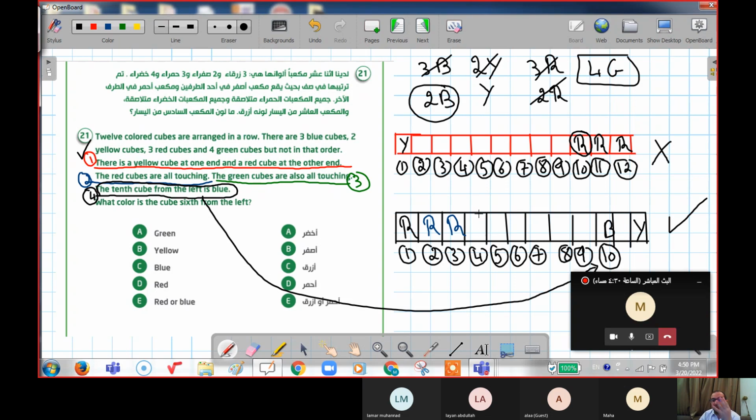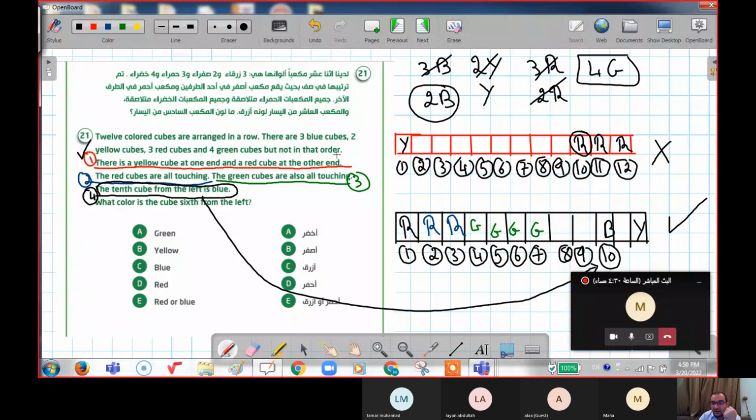So I must put the four cubes successively. What does successively mean? One by one. So I must put, for example, green, green, green. This is the first choice. The second choice is from here, green, green, green, and here green.